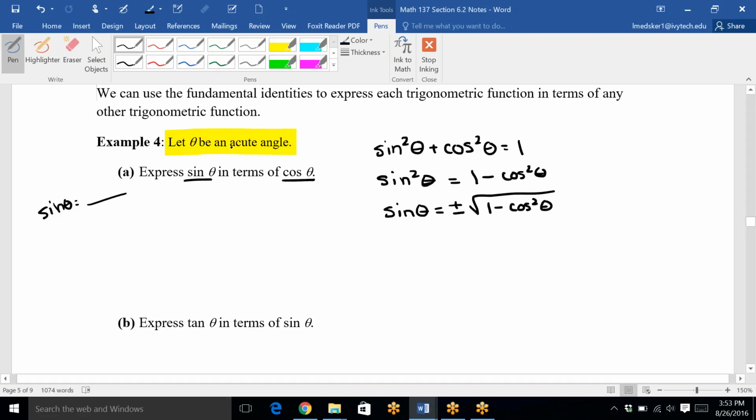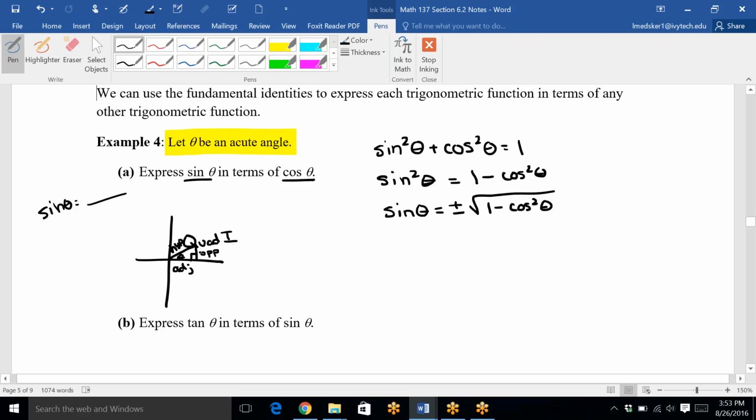So that goes back to this being an acute angle. If an angle is acute, it is in quadrant 1. Okay? So think about if you drew a triangle in quadrant 1. This would be your theta. This would be opposite. This would be adjacent. And the hypotenuse, of course, is the length going from the origin to the point out in space.